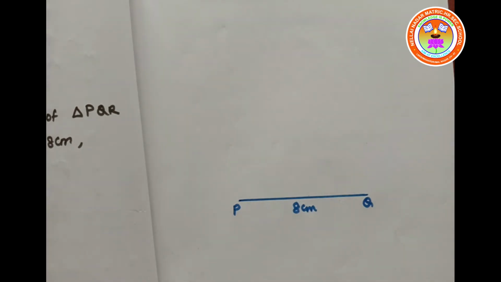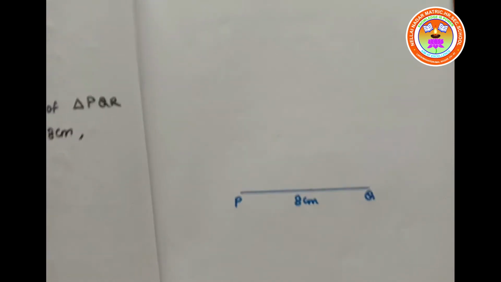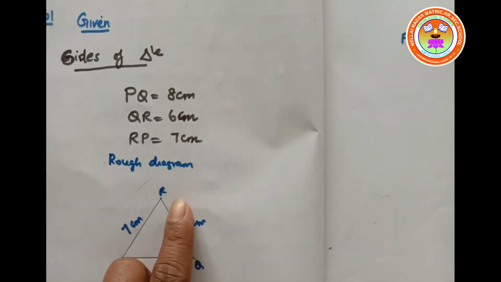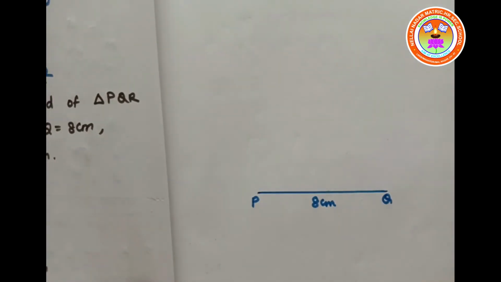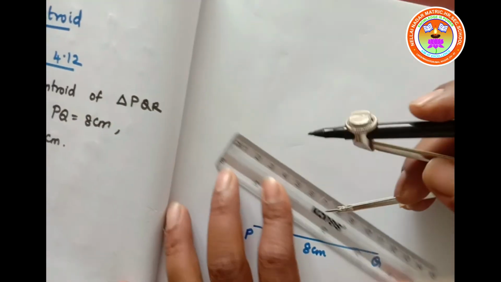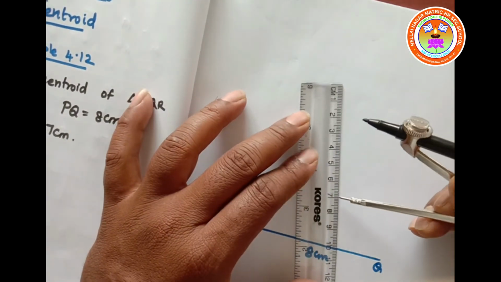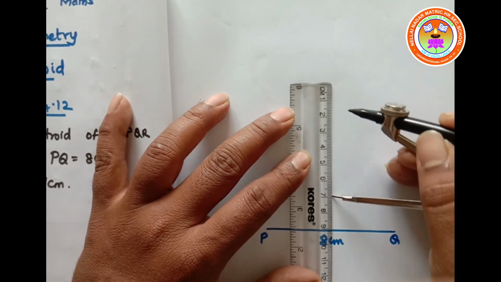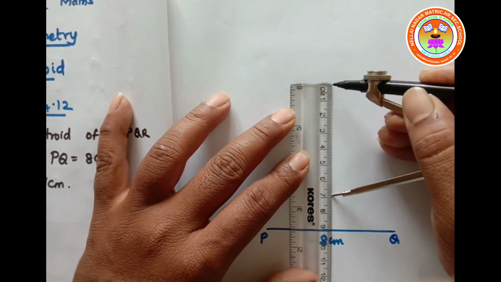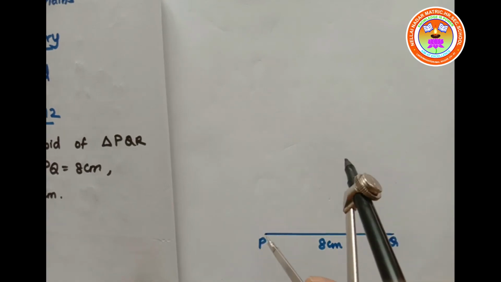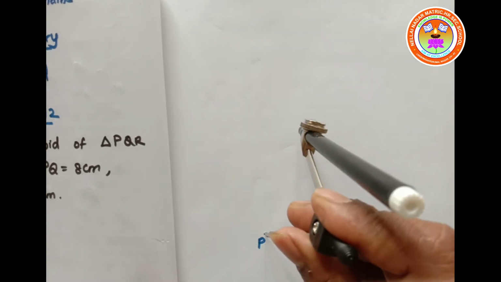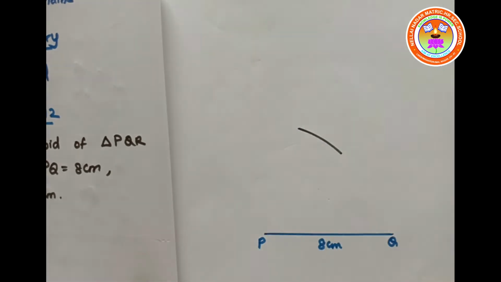From Q to R, you are going to take radius 7 centimeters. So take a scale, measure 7 cm from Q. Just cut an arc, radius 7 cm.